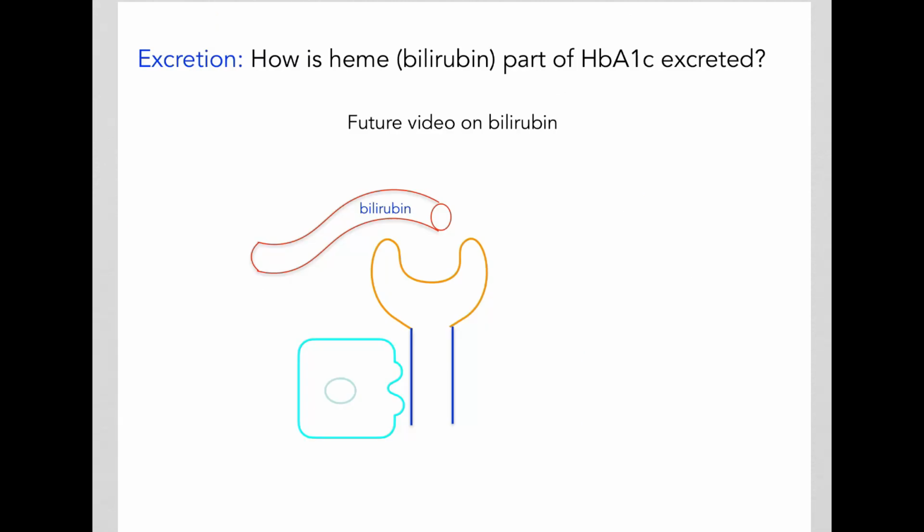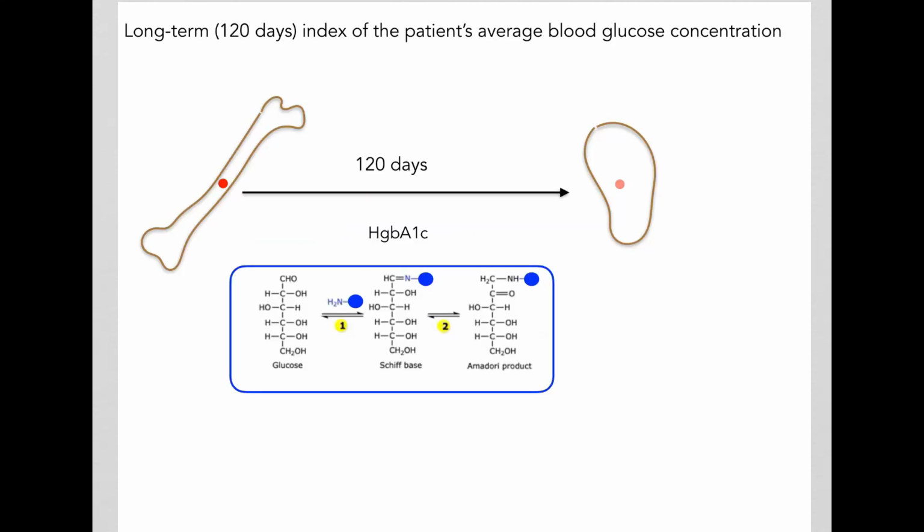Now the bilirubin that is derived from the heme part of HbA1c, we shall discuss this in a future video. Now, since the red blood cell, from the time it comes out of the bone marrow, goes into circulation and then eventually dies, gets trapped in the spleen and destroyed, phagocytosed by macrophages, the average lifespan of a red blood cell is 120 days.